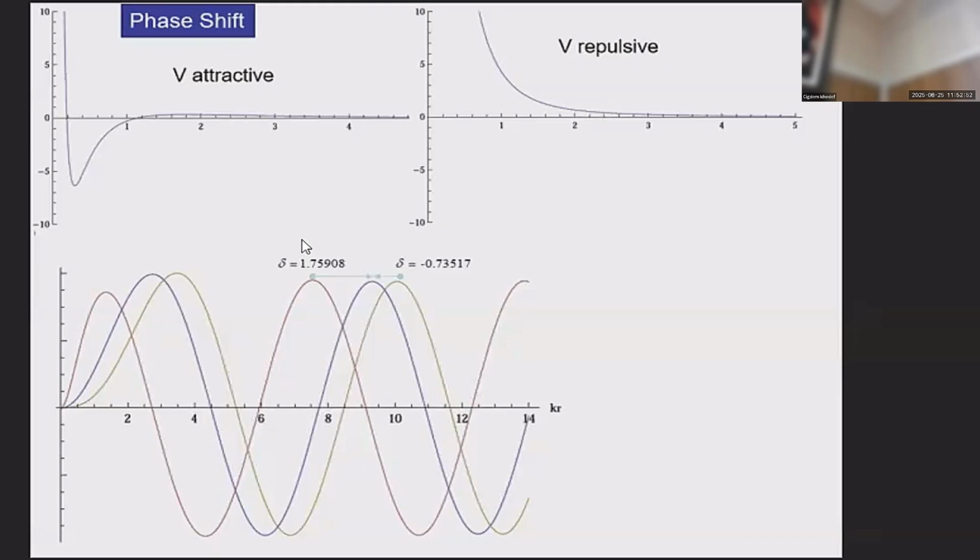Therefore, imagine you are a plane wave, okay, a free wave. Your movement will be like this, you see, in space. Whereas now, when you have a potential here, you come and your phase will be changed. It's created by this potential.